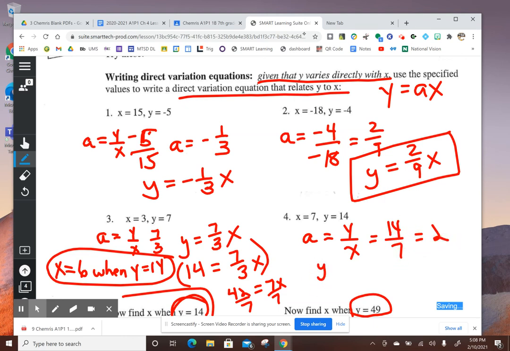So I know y equals 2x. If y is 49, and I divide by 2, that means x equals 49 halves. Okay, so we're going to stop the video here.